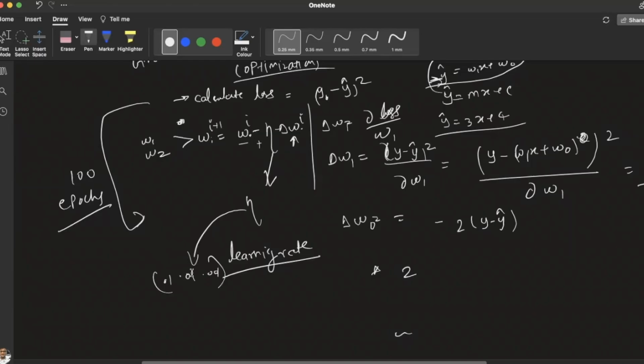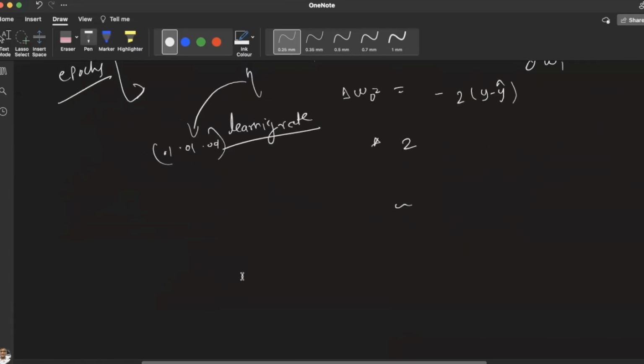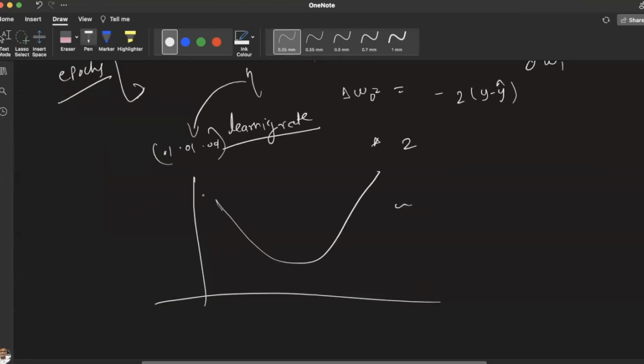Okay. If we take a very small value, then we'll be able to update the weights to a certain extent, right? Why taking a large value of eta is prohibited, I'll tell you. So for example, let's say I draw a curve between error and weight. This axis is error. This axis is weight, right?